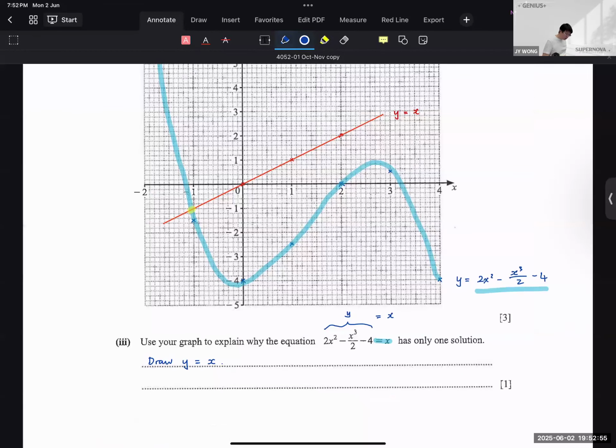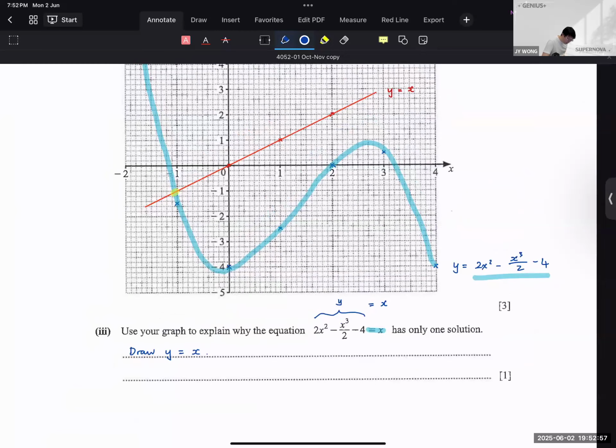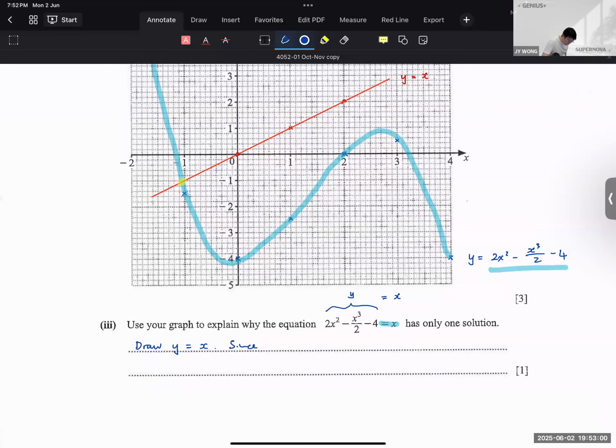And that is why we conclude that since there is only one point of intersection between y equals to x and y equals to 2x squared minus x cubed over 2 minus 4, it has only one solution.